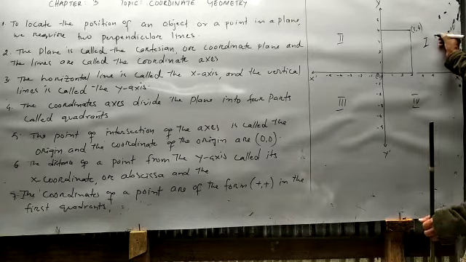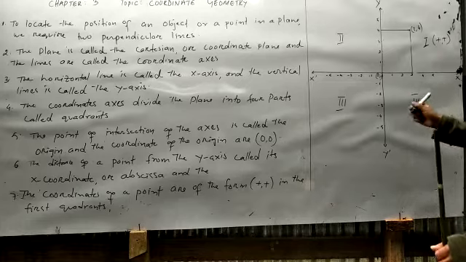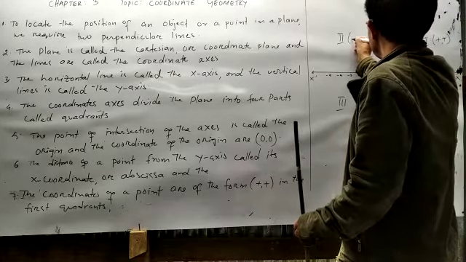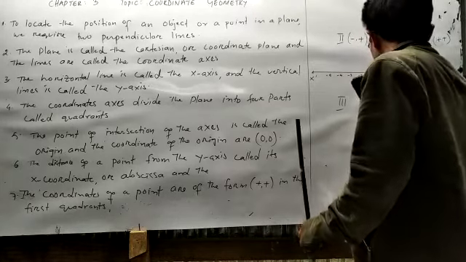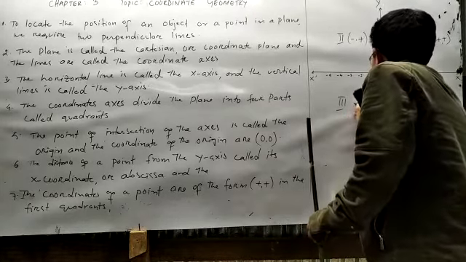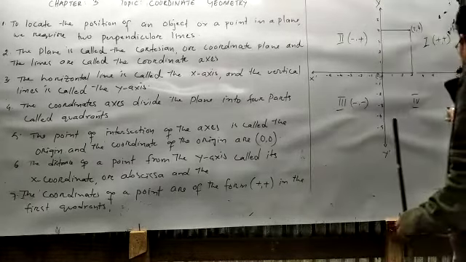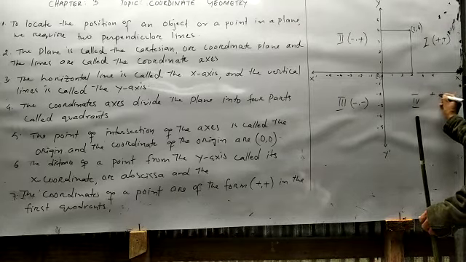In the first quadrant both are positive, plus, plus. In the second quadrant x is negative, y positive. In the third quadrant x is negative, y also negative. In the fourth quadrant x is positive, y negative.